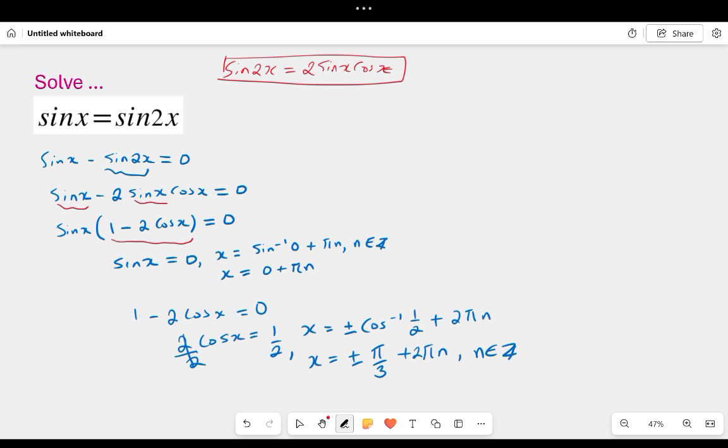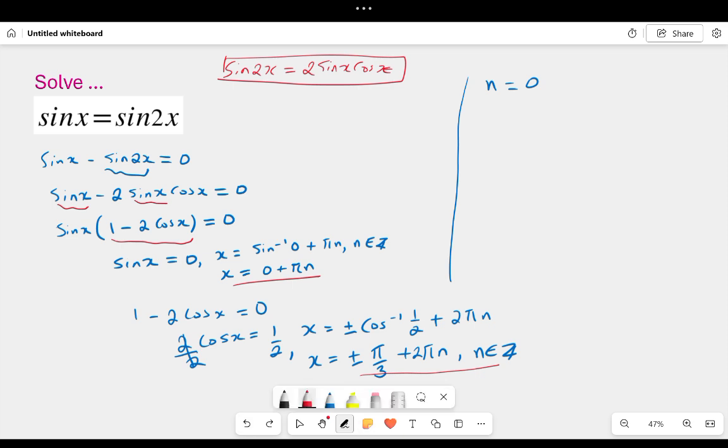Now, let's look at the possible solutions. If our n is equal to 0 for both scenarios that we have established here, for this and for that scenario, then it means our x is simply going to be equal to 0.